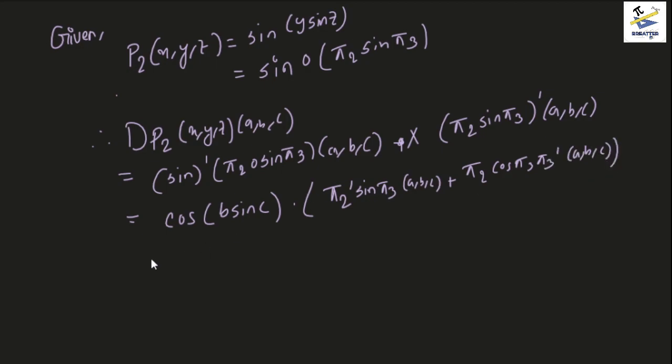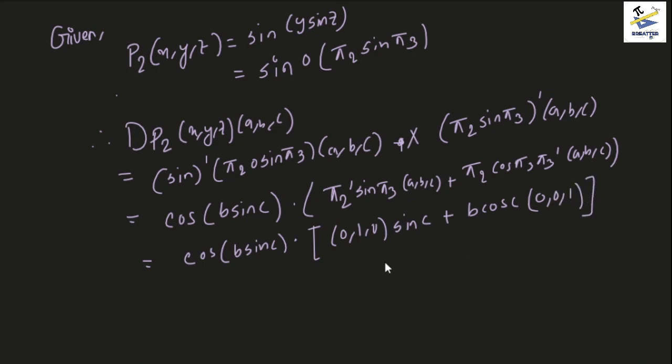Okay, so this becomes cosine of b sine c multiplied by, now pi 2's derivative is simply 0, 1, 0, and sine pi 3 at the point will become just sine c, plus pi 2 cos pi 3 is basically b cos c, and the derivative is 0, 0, 1, right?